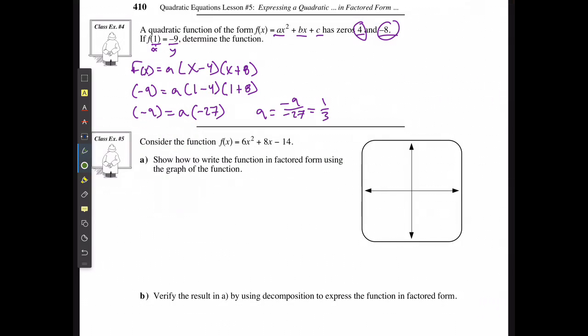Then I can put my a back into this equation and say that f of x is equal to 1 over 3 bracket x minus 4 and x plus 8, or f of x is equal to 1 over 3, when I FOIL this out, bracket x squared plus 4x, sorry, not plus, minus 32.